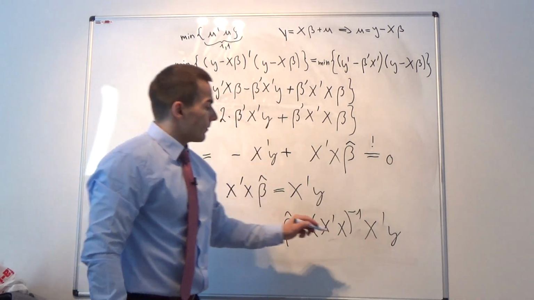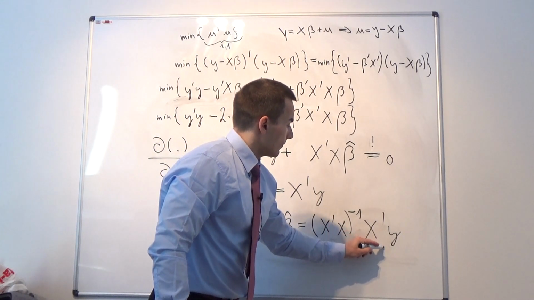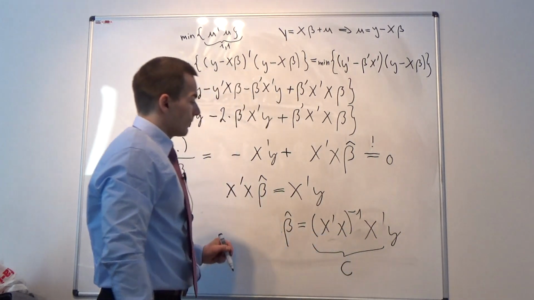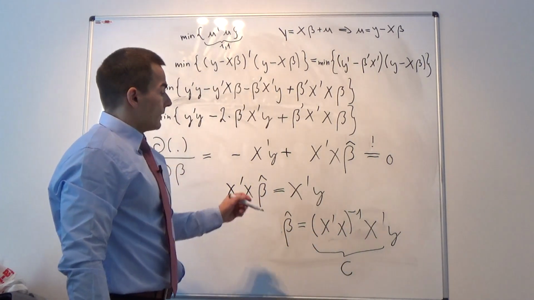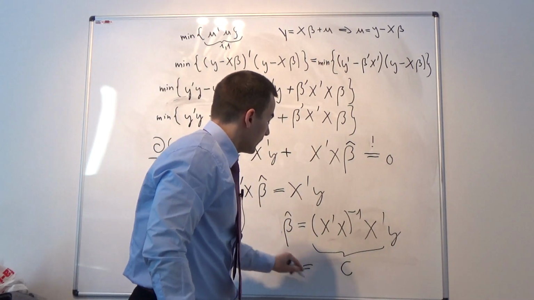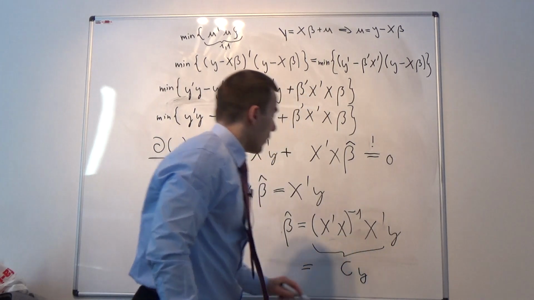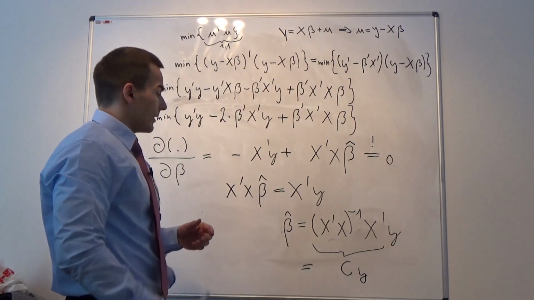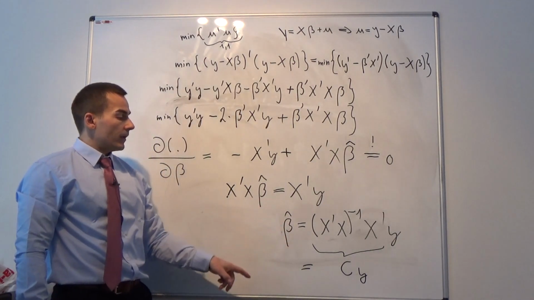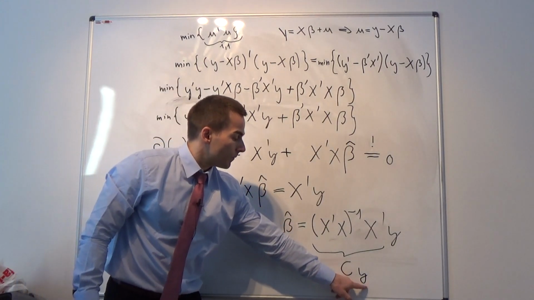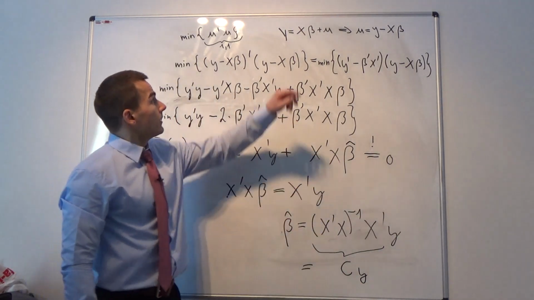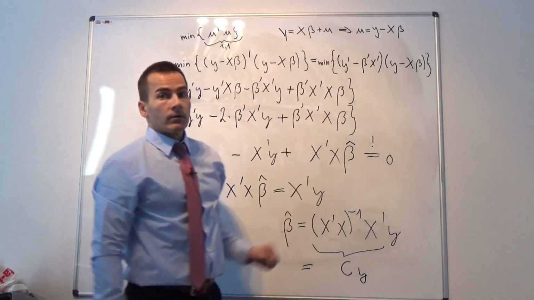So if we express this expression here as matrix C, we can say that our beta hat is basically C times Y. What does that mean? It means that our point estimator beta hat is a linear function of Y, and Y is obviously a function of the error term.